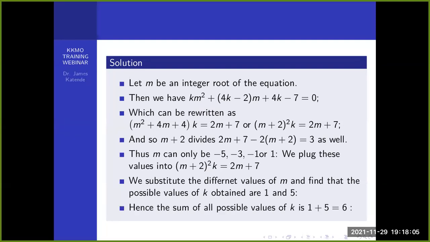And if you add them, you will get 1 plus 5 is equal to 6. So we're looking for the sum of all possible values of k, and we have found them to be 1 plus 5 is equal to 6.